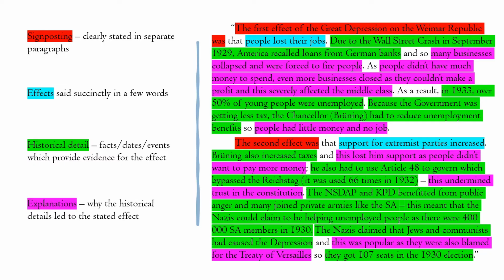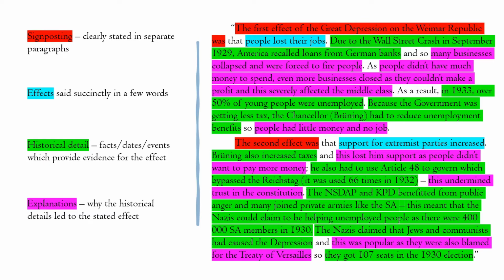So I've given the historical detail, then you need to explain and show how those historical details that you've given led to the stated effect. So many businesses collapsed and were forced to fire people is an effect of America recalling loans from German banks. So that's the historical detail, and then saying that businesses collapsed and people were fired is an explanation which shows how people then lost their jobs.